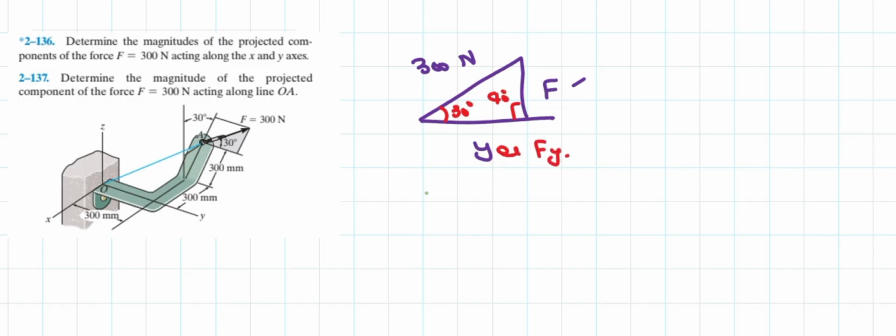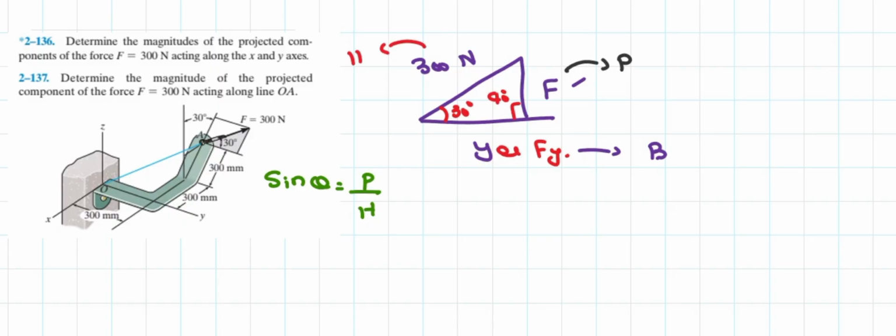So apply the sine theta and cos theta functions here. We know that sine theta equals perpendicular upon hypotenuse. The opposite side of 30 degrees is our perpendicular, which in this case is F prime. Where the two angles meet, that side is known as the base, and in our triangle it is Fy. The opposite side of 90 degrees is the hypotenuse, which is our 300 Newton.